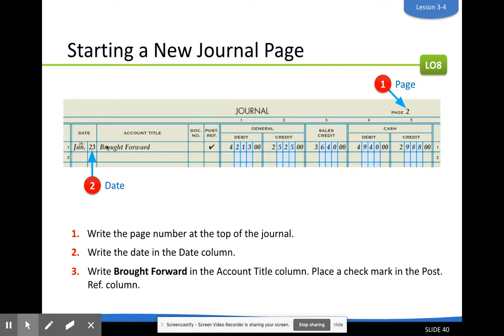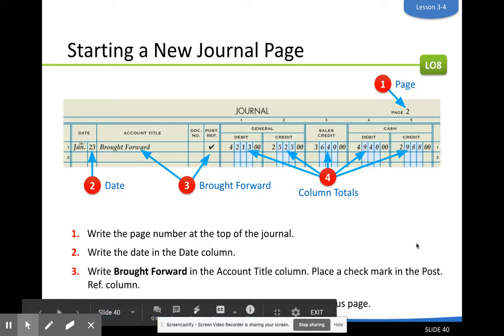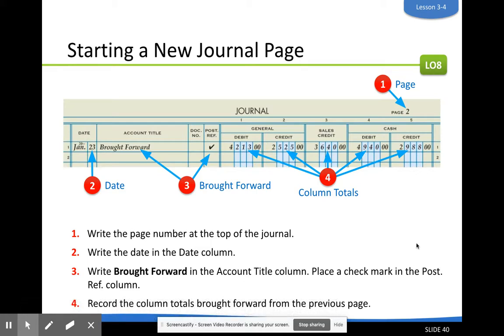Step 3, now this has brought forward because these numbers are brought forward from page 1. Finally, we will take those exact totals from the bottom of page 1 and record them onto the top of page 2. So we put the next page number at the top right corner.